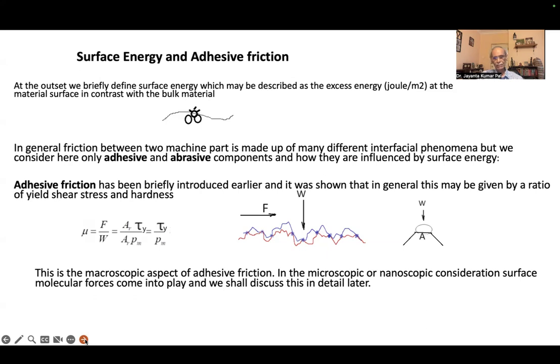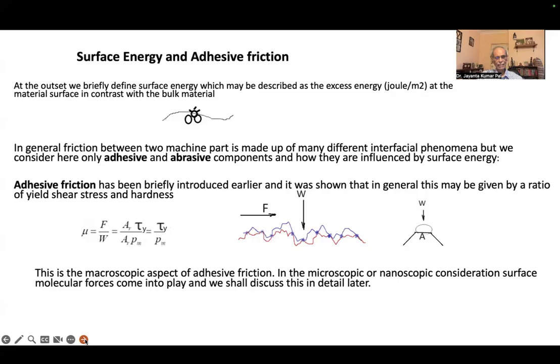I mean, the sum of the small areas of contact at the asperity tips is the total real area of contact. And this is given in this equation as AR. Okay, so this is fine.